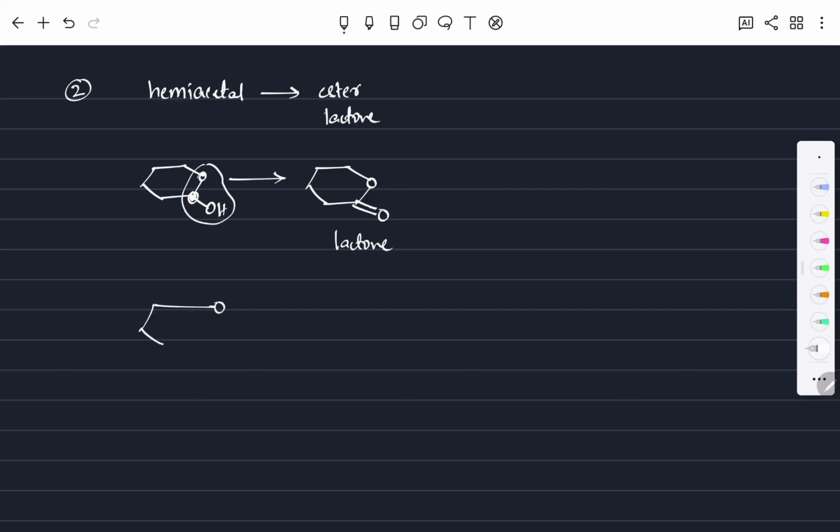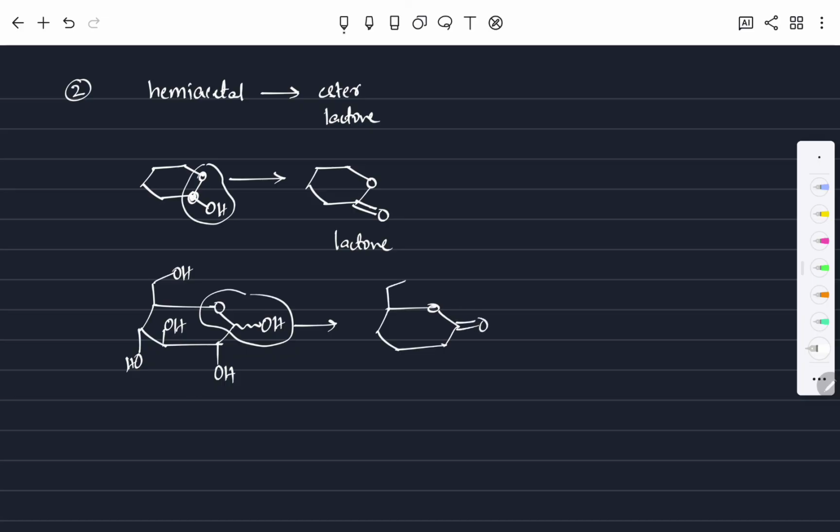Suppose we take glucose, it is another form of glucose. When we add bromine water, it is the hemiacetal part. The remaining groups are unaffected.